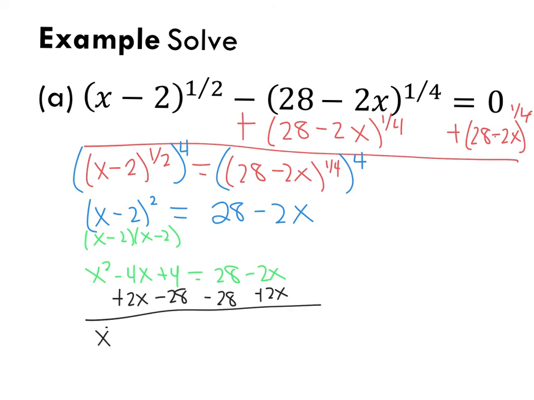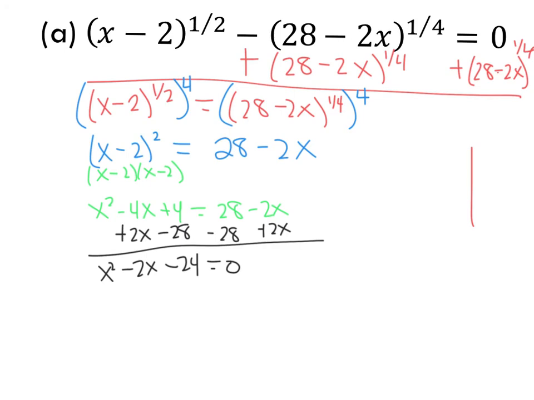Okay, so x squared minus 2x minus 24 equals 0. So now I'm going to ask myself, okay, factors of negative 24 that add to give me negative 2. Well, those would be negative 6 and positive 4. We get x equals 6 and x equals negative 4.